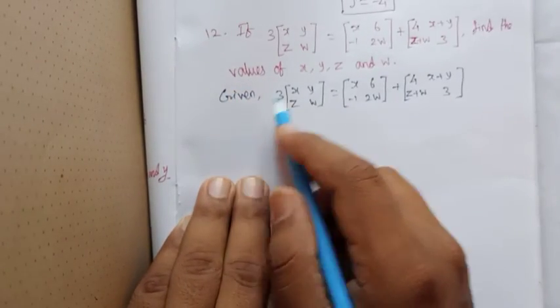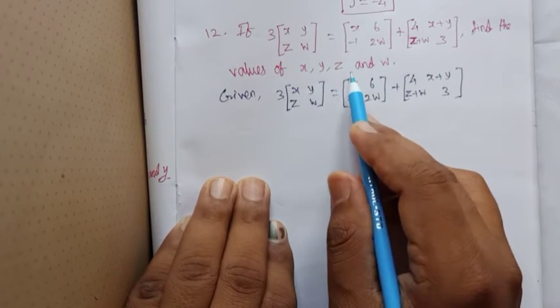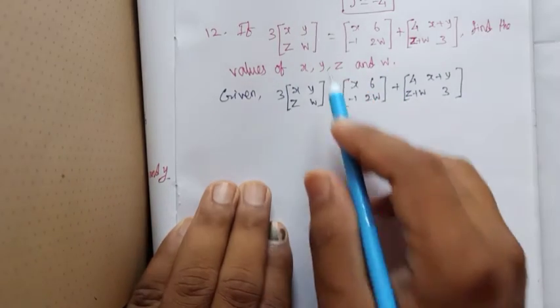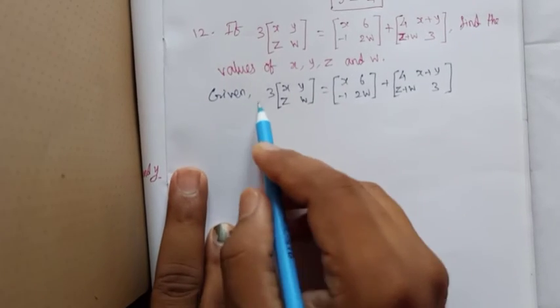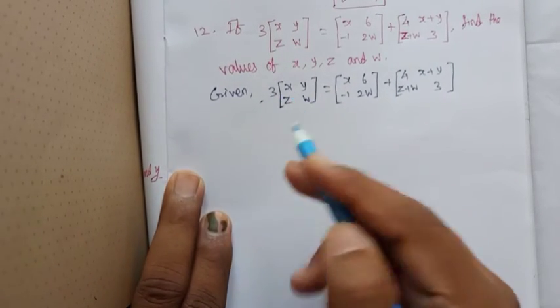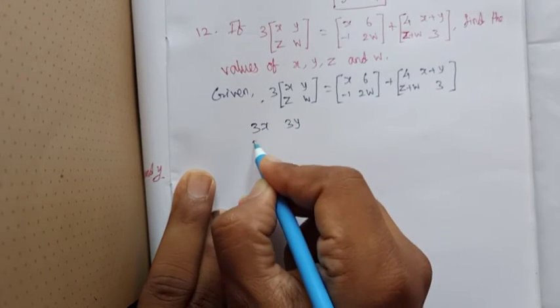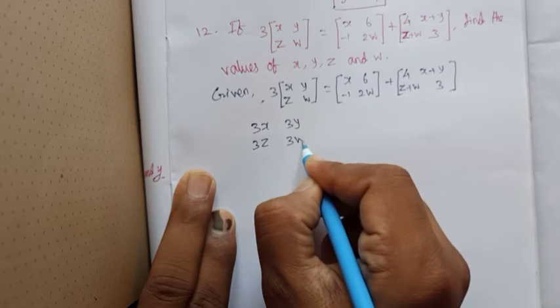Question number 12. If the matrices, find the values of x, y, z and w. We have written the given matrices and we have completed the multiplication process. Multiply inside the 3. We get the first matrix as 3x, 3y, 3z, 3w.